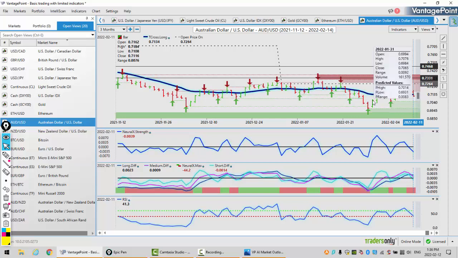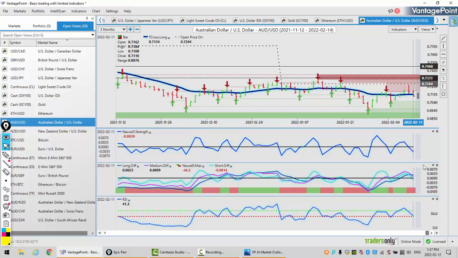So again, it's not about being right or wrong here, guys. It's about doing complete, thorough analysis. Don't put all your eggs in one basket on one indicator. Quality of indicators, not quantity. Key thing. So when we look at the slope of the neural index, this is a very important indicator that I bring in from time to time to remind everybody using the VantagePoint software that this slope matters.